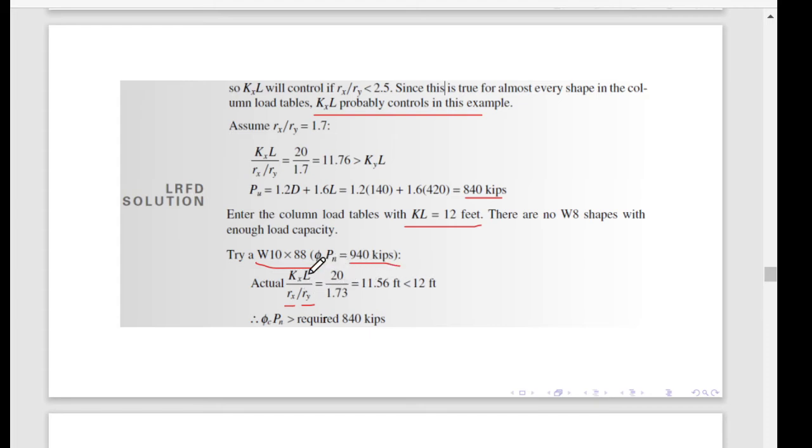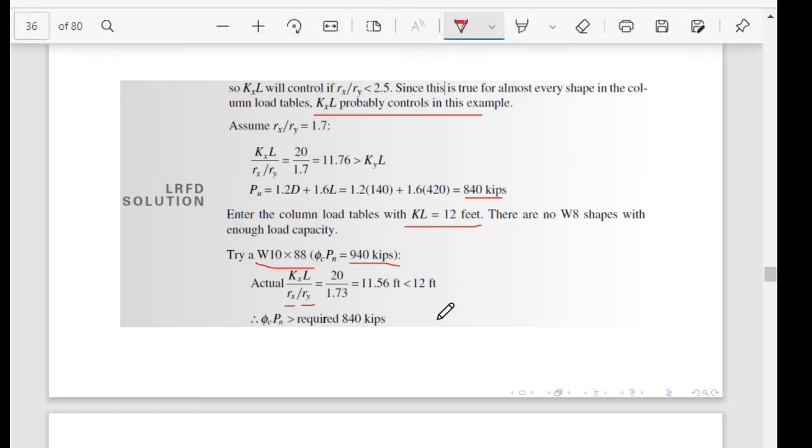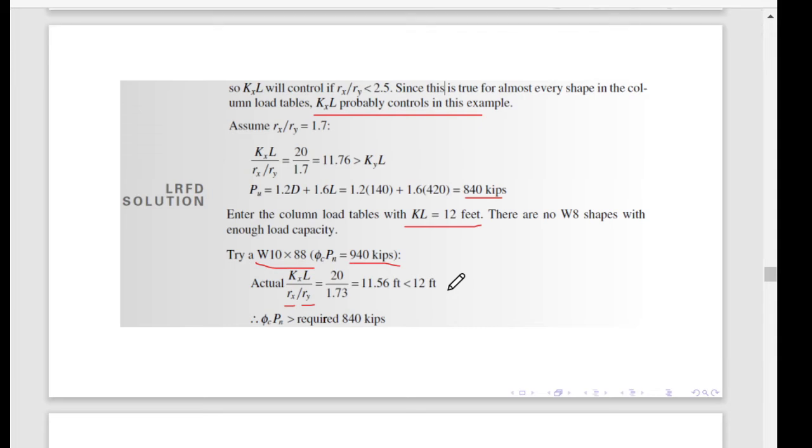This is in the strong axis now. 20 divided by this ratio, the answer is 11.56, less than 12 feet. Okay, this is the actual, di ba?